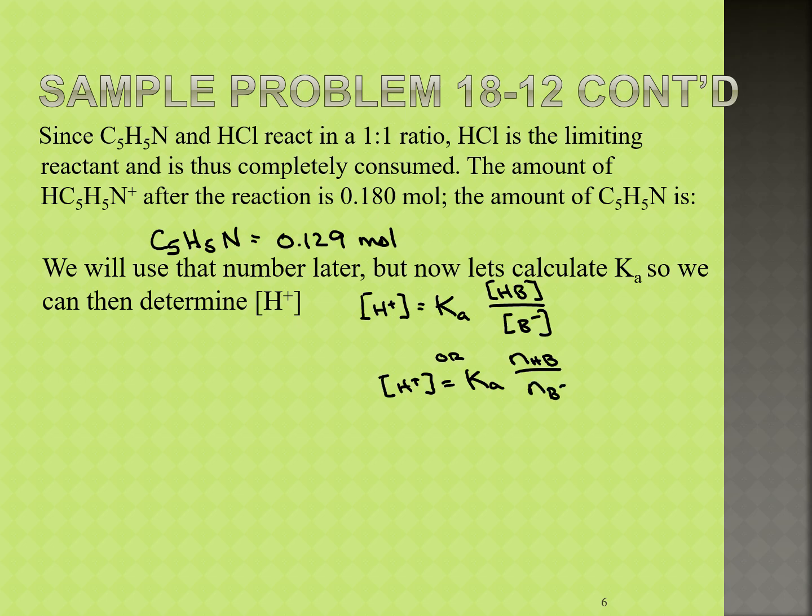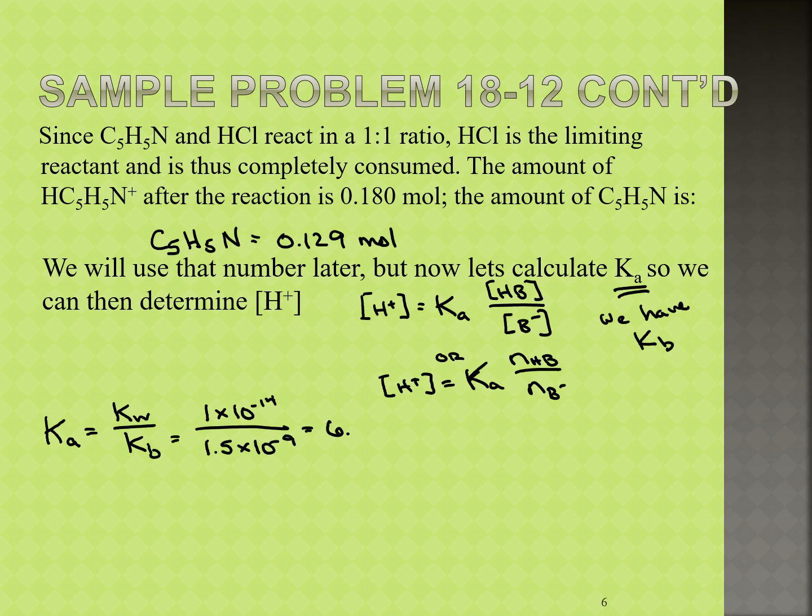So we're going to use that. So we need the Ka. We have the Kb in this problem. So the Ka is equal to Kw over Kb. So 1 times 10 to the minus 14th over, and the Kb is 1.5 times 10 to the minus 9th. So we get 6.7 times 10 to the minus 6th.